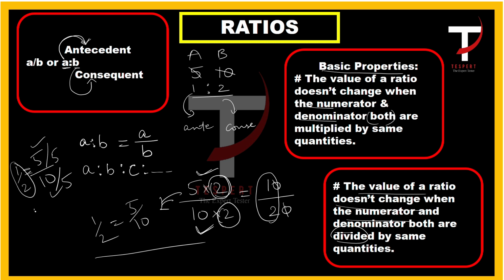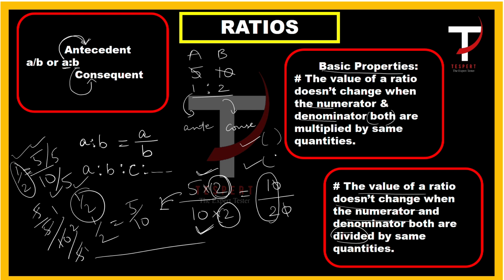After division, it will be 5 by 5 divided by 10 by 5. The 5 gets cancelled, and 5 twos are 10, so 1 is to 2. Is there any change in the ratio? No, absolutely not. When you divide or multiply the numerator and denominator of any ratio by the same number, the ratio will be the same.